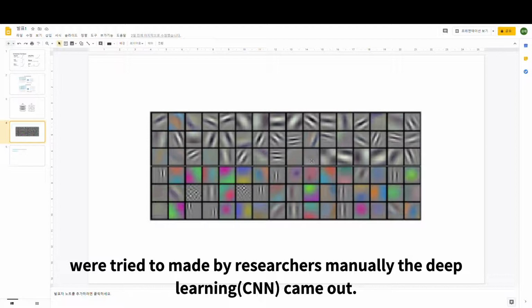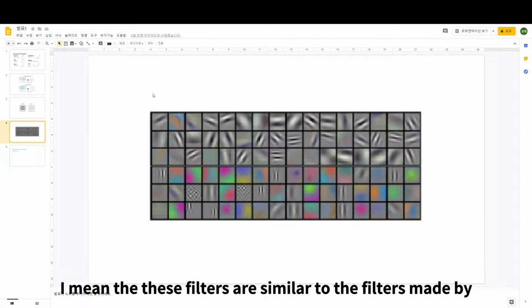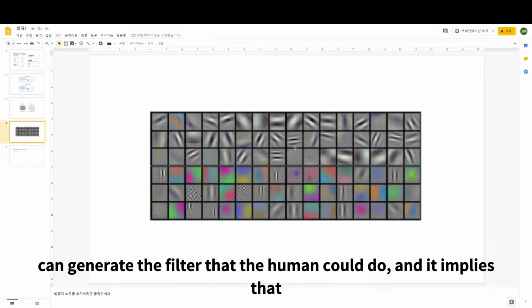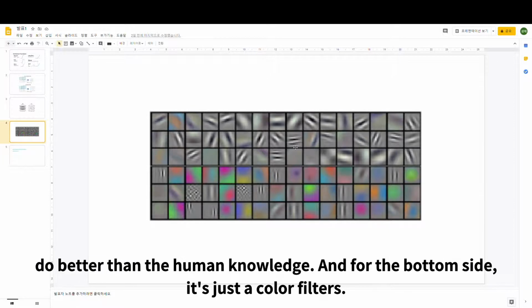These filters are similar to the filters made by researchers before the CNN came out. So it means that the CNN architecture can generate the filters that humans could make, and it implies that it can do better than human knowledge.